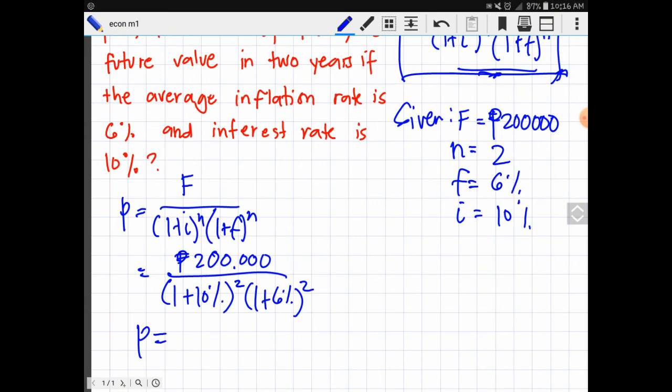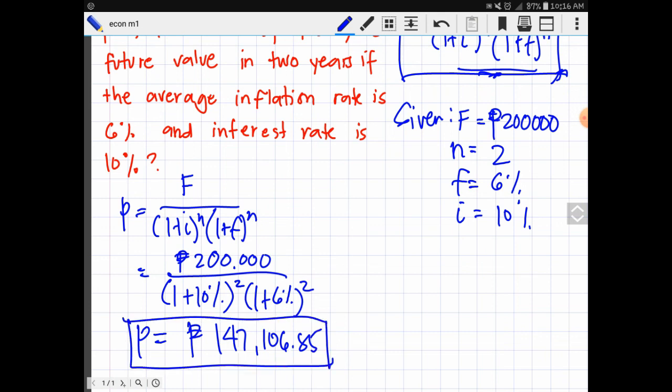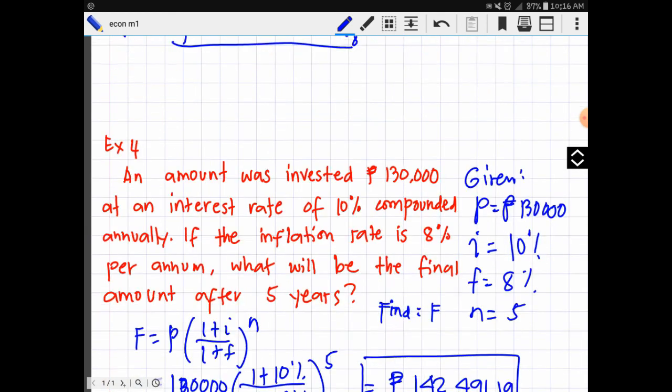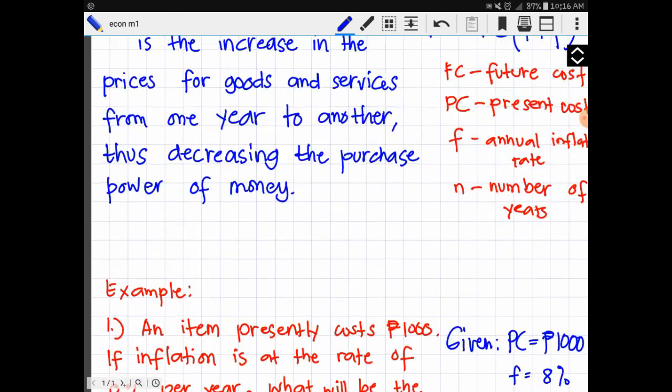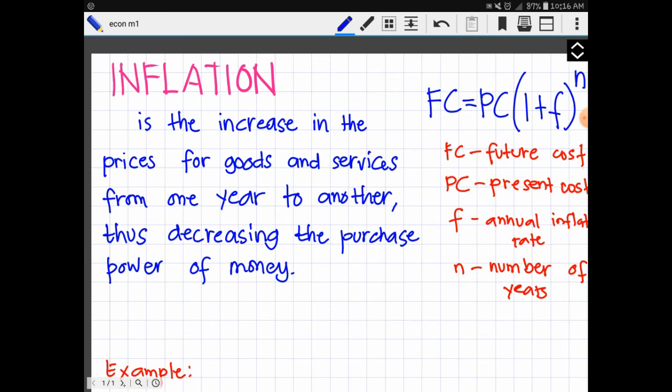So our P here is 147,106.85 pesos. That's it, and I hope that you learned something in this tutorial video entitled The Inflation. Thank you.